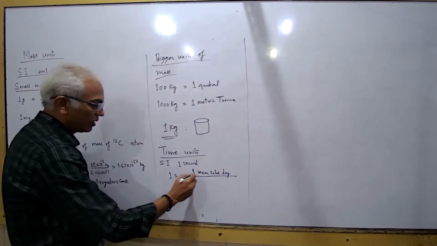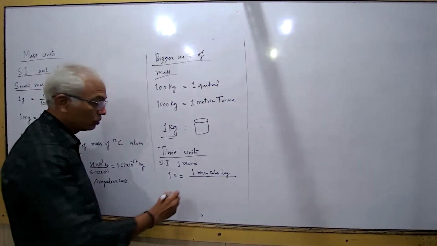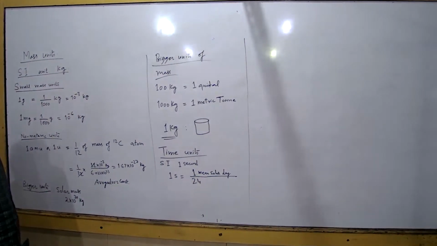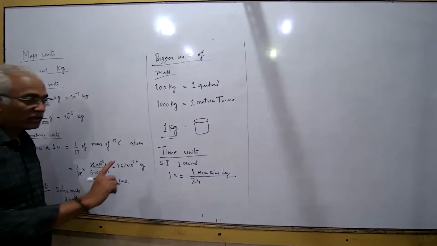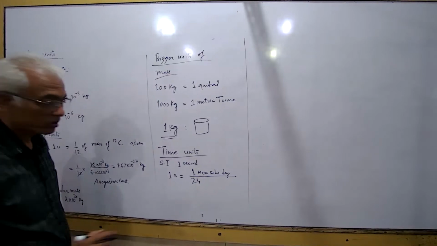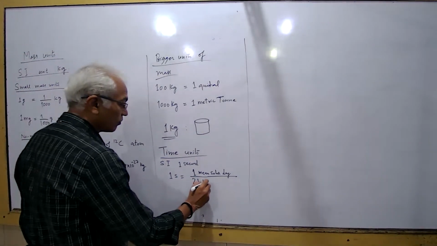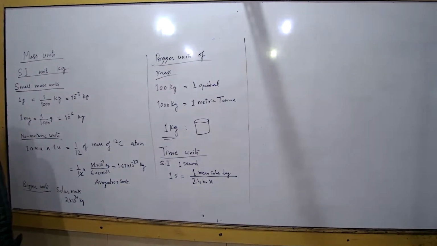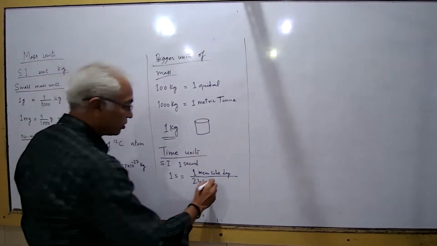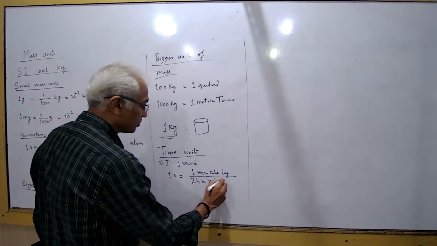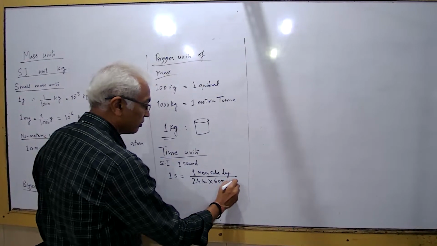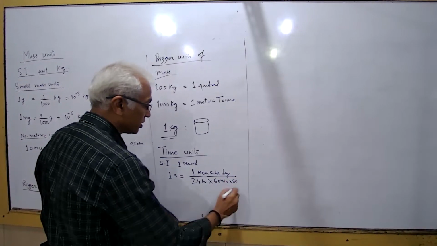Now we have divided this duration into 24 parts. Each part is called an hour. One mean solar day has 24 hours. Each hour is also divided into 60 parts, which is called minutes, and each minute is then divided into 60 parts.